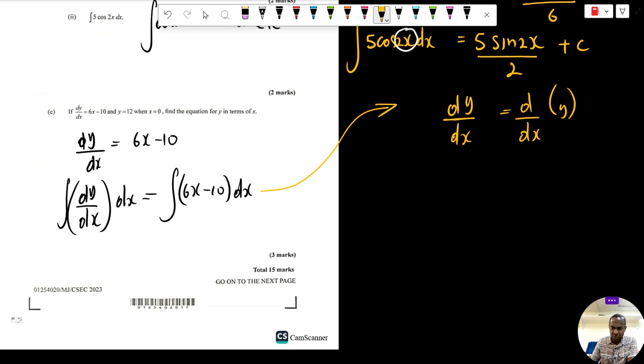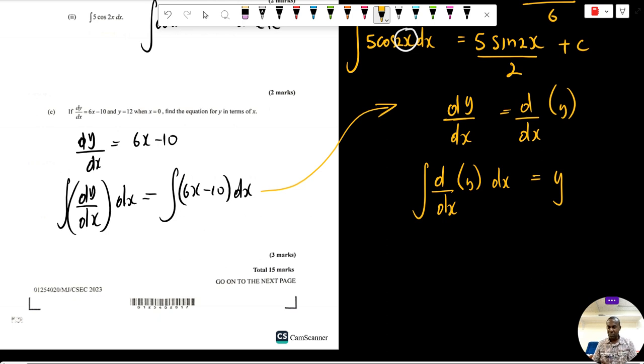And if we were to integrate that, we simply say that the integral of d/dx of y with respect to x is simply equal to y. Okay? So if you differentiate a particular function and you integrate the result, you're going to get back the original function, because integration is essentially the exact reversal of differentiation at its simplest, right? So at its simplest, that's exactly what it is. And so we'll continue with this.